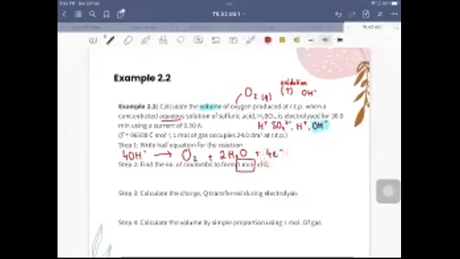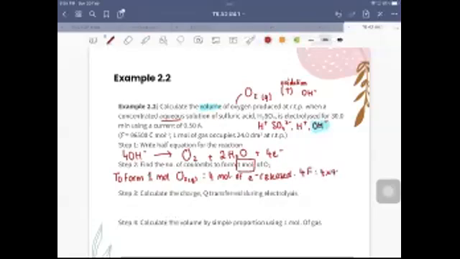That means to form 1 mole of oxygen gas, according to the balanced equation, 4 moles of electrons are released.